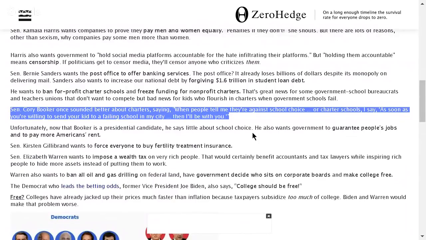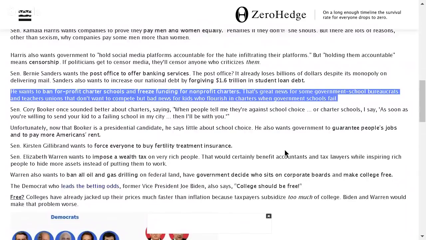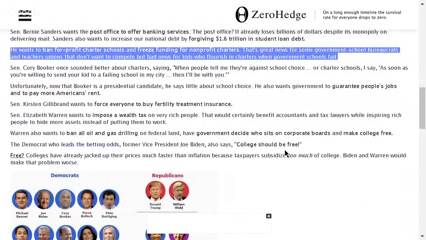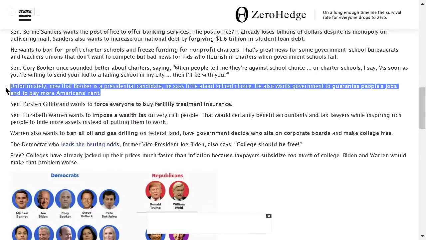Oh, wait. Bernie doesn't want charter schools, and Cory Booker does want charter schools as long as they involve revolving door union money for Democrat hack politician school lobbies, school unions. Yes, because there's nothing better than a public sector union to funnel money into the Democrat Party, regardless of your political ideas.